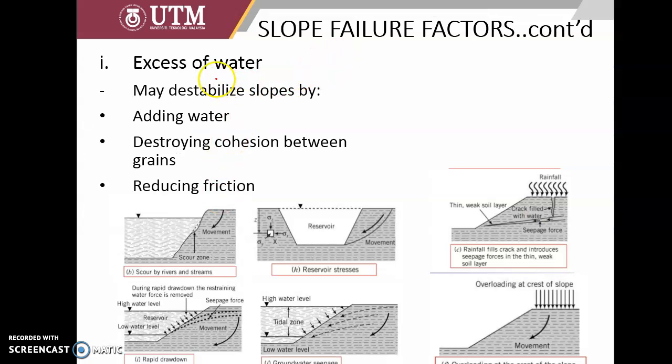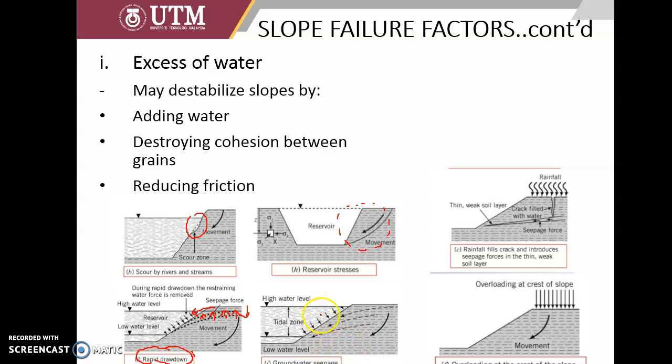Next factor is excess of water. You can see the effect of water can induce reservoir stress reduction when we have a higher level of water, and also in the condition of a dam, when we have a rapid drawdown of water, we might have an excess of pore water pressure here, so the strength will reduce, so it might induce slope failure.